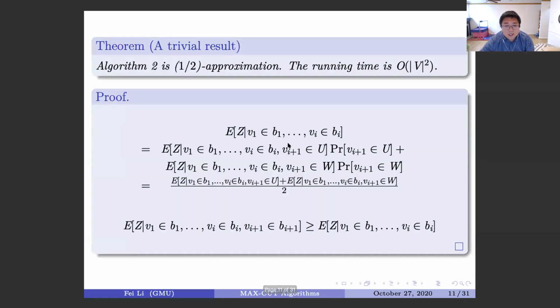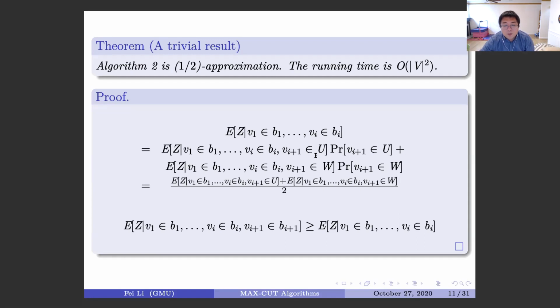So the calculation here is that we calculate the expected value of the total weights of this cut. This equals, by the conditional probability definition, the probability that you put Vi plus 1, the next vertex, into U times the probability that all of the vertices follow the decision of putting Vi plus 1 into U, and also the probability you put Vi plus 1 into W times the probability you put all the vertices as you plan into W, right?